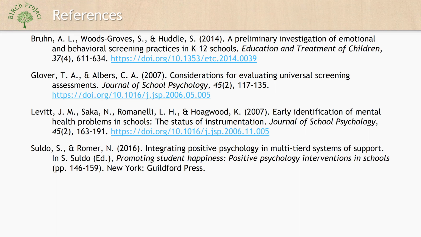There's a number of resources here which may help you. These are general resources related to social emotional screening. In particular, the Glover and Albers article gives you a good overview of the considerations for evaluating screening tools, including the appropriateness of the screening tool, the technical adequacy, and the usability, which is a key, often overlooked component of evaluating these particular screening approaches.